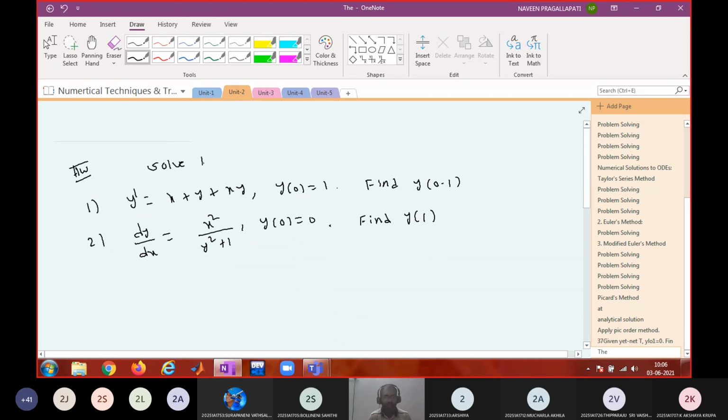Solve by Picard's method. Copied? Is that okay? Yes, sir.